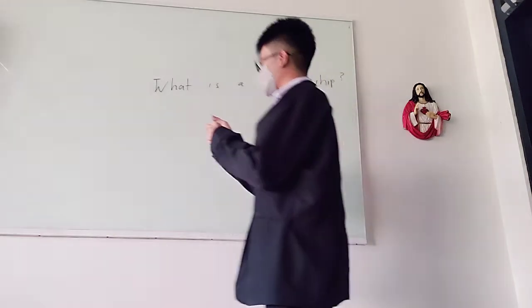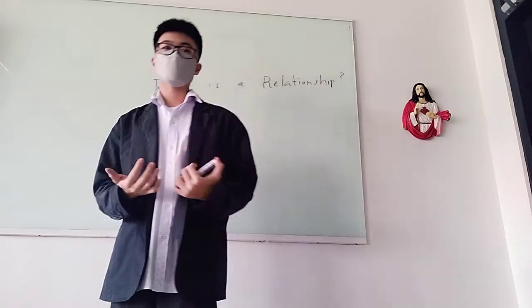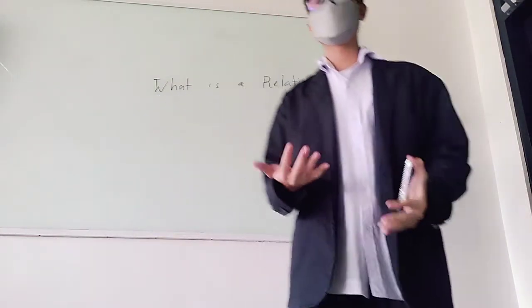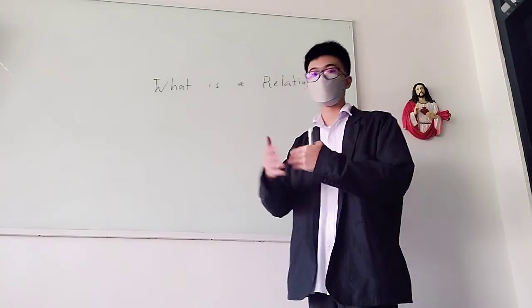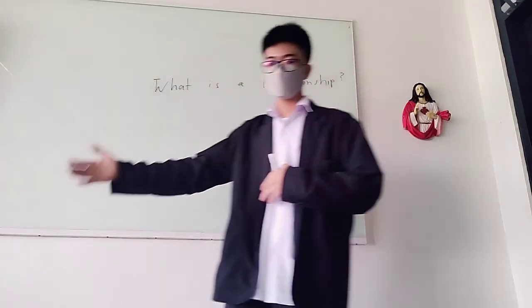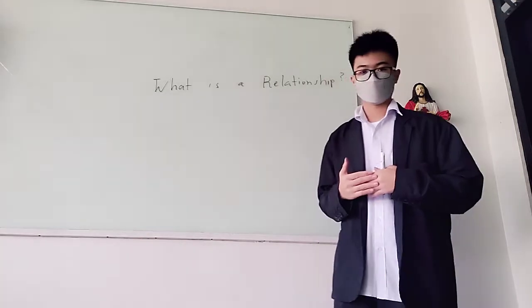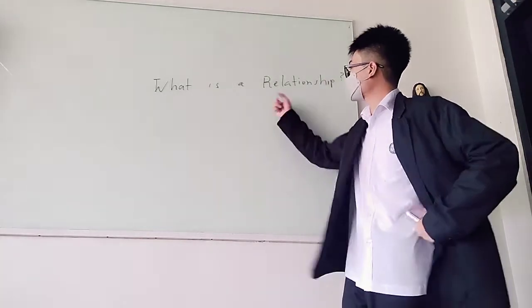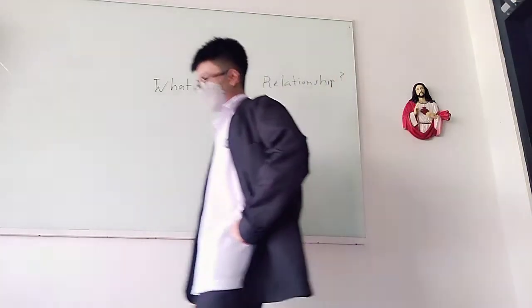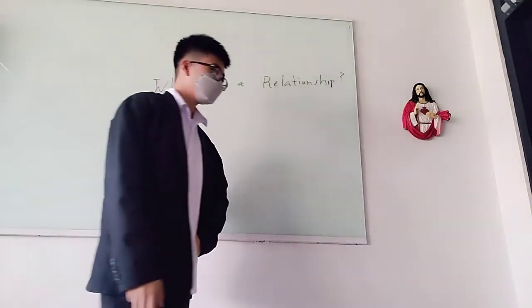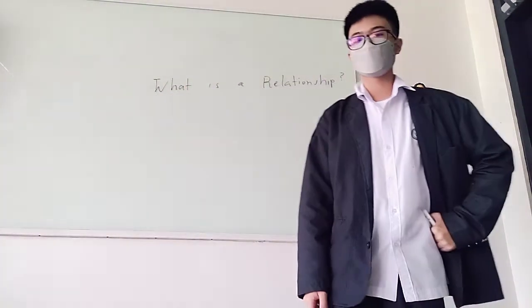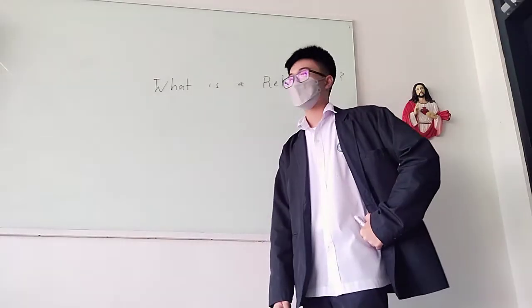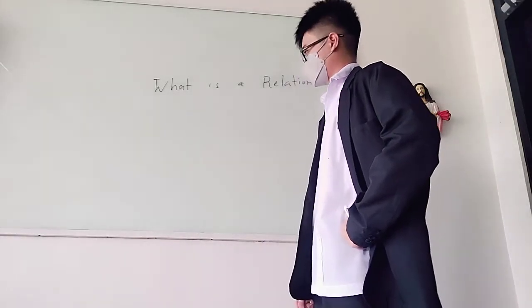Or a relationship, we can say, is a measure of the degree to which one person is related to another. That is a relationship. But in the context of relationship theory, we will throw that definition out the window and abstract it using the language of mathematics.